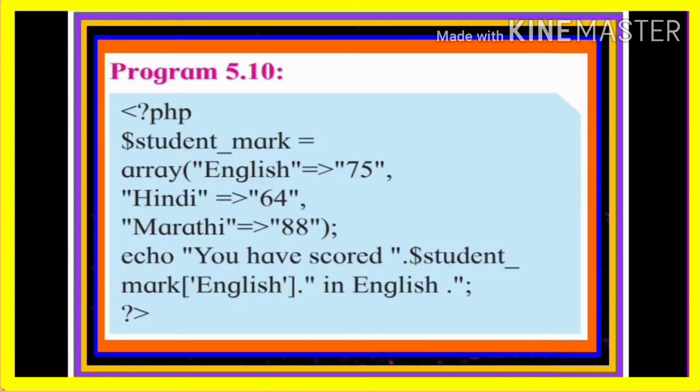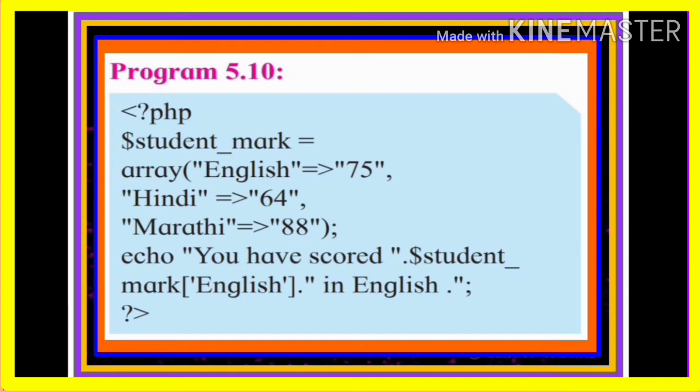Program 5.10 shows associative arrays. Open PHP by using less than question mark PHP. In the next line, write $student underscore mark as the array name equal to array, open parenthesis.